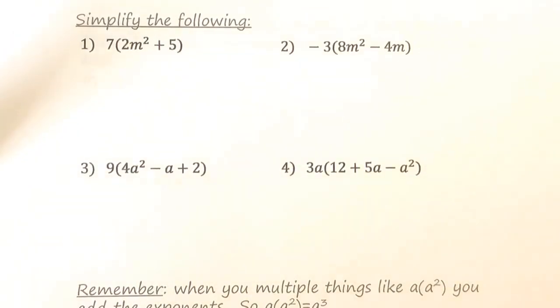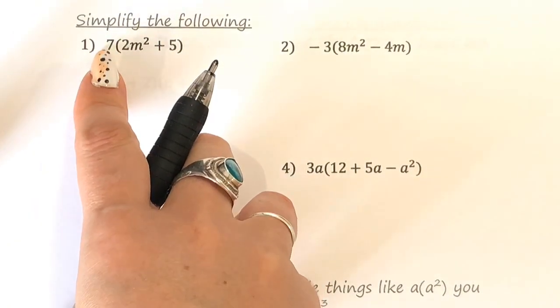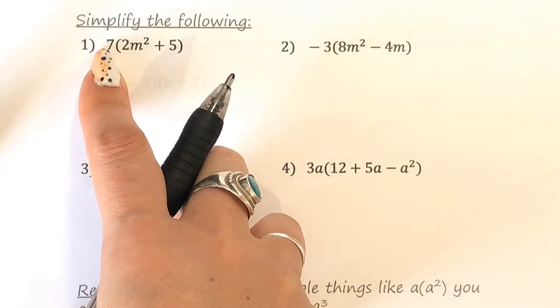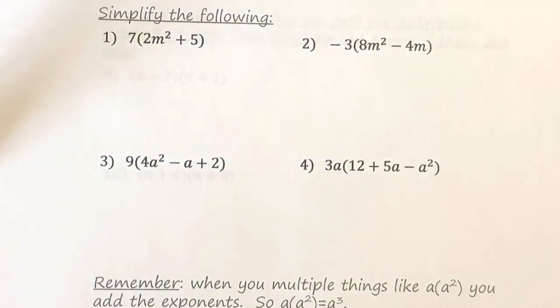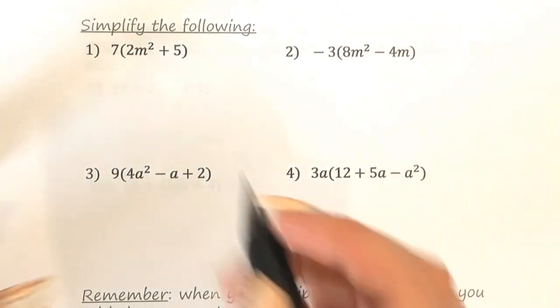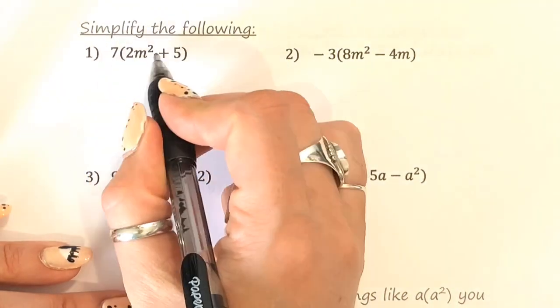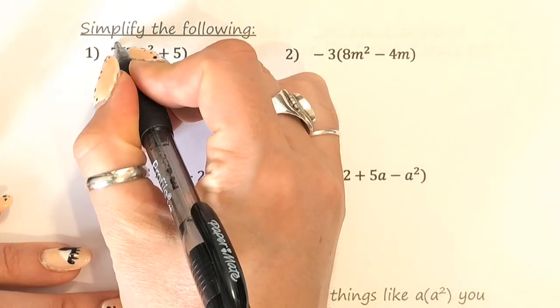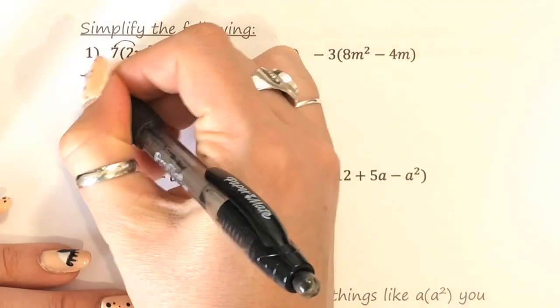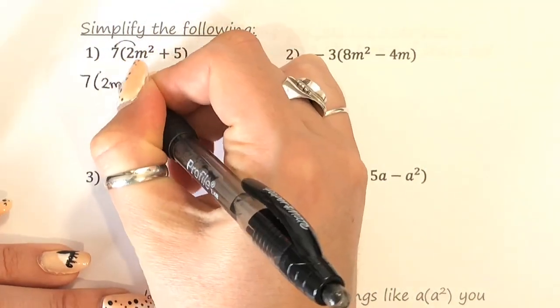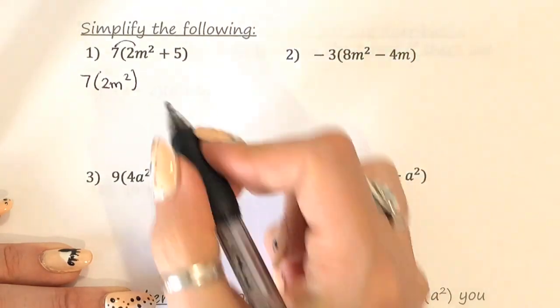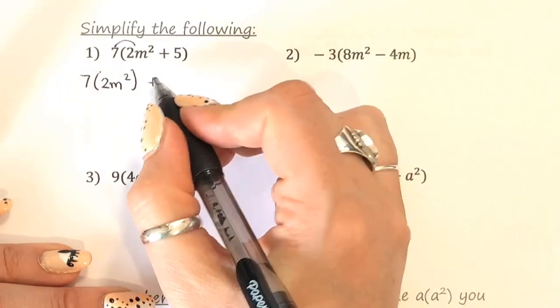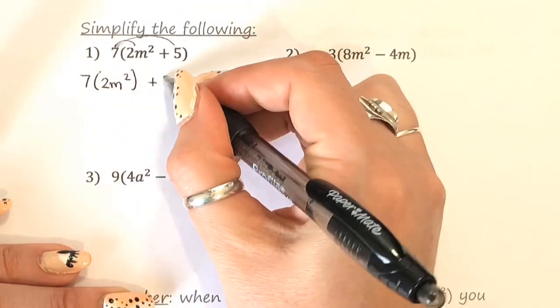So let's start off with some where we're just going to practice doing one term, or a monomial, times a binomial or a trinomial. This 7 needs to times everything on the inside. So I need to do 7 times 2m squared, and I'm going to write out all of this work. And then I also need to do 7 times 5.